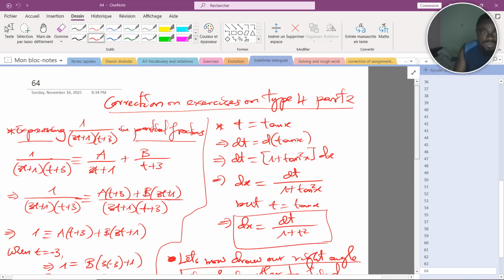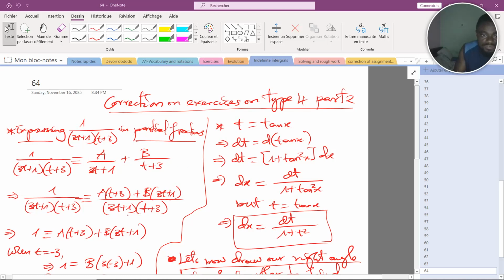These are linear expressions, so this partial fraction will be a all over 3t plus 1 plus b all over t plus 3. From there, you write back this. The LCM here will be exactly what is here.